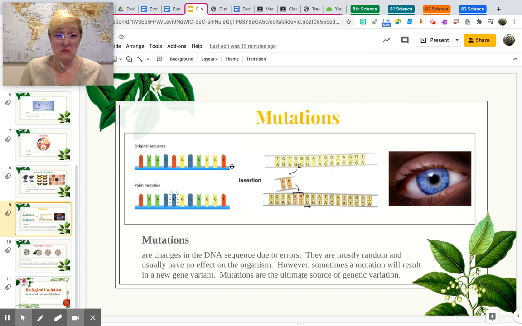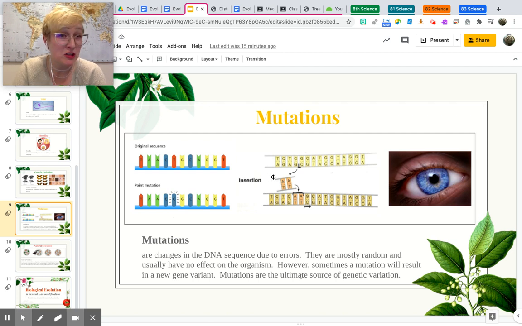And cells make mistakes all the time, constantly. So when DNA makes a copy of itself, that's usually when the mistakes happen. And here, when the DNA was copying itself, instead of putting a T, it put a C, right? So it made a mistake. So that's called a mutation.